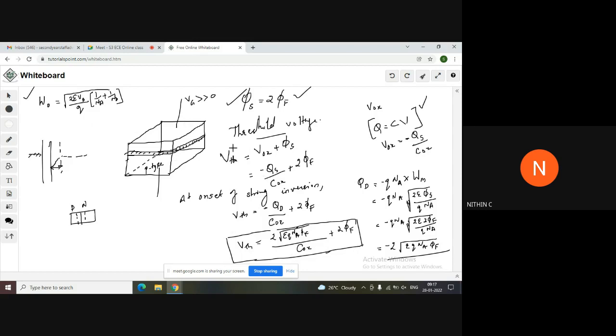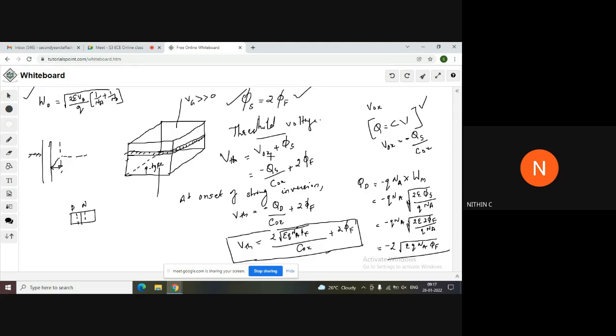You have just the basic idea, that is this applied voltage is dropped across the oxide layer and the semiconductor. VG, that is applied voltage, is dropped across the oxide layer and the semiconductor. So this VG is actually what we call threshold voltage when this condition is satisfied. So we are taking VTH is equal to VOX, oxide layer drop, plus the surface potential drop, that is the semiconductor drop.